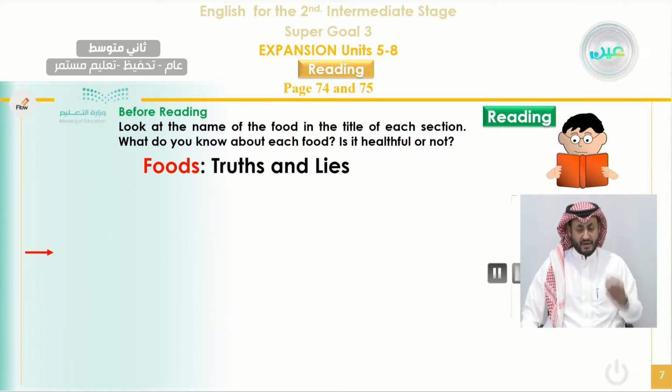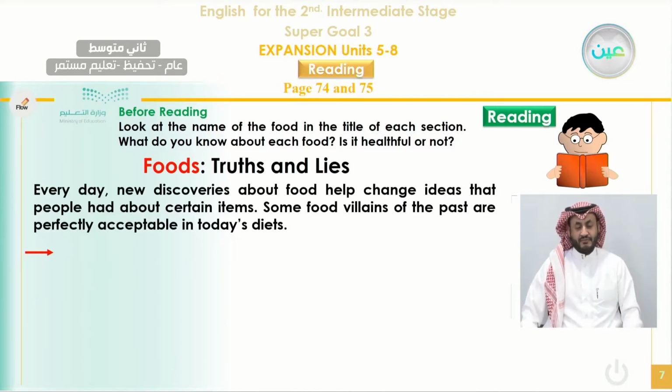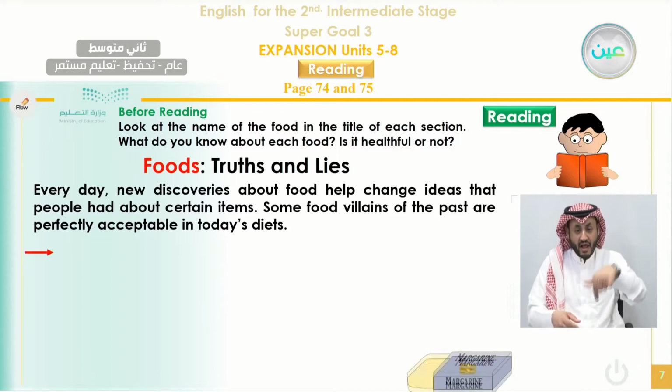Reading. Before reading, look at the name of the food and the title of each section. What do you know about each food? Is it helpful or not? Foods, Truths and Lies. Every day, new discoveries about food help change ideas that people had about certain items. Some food villains of the past are perfectly acceptable in today's diets.